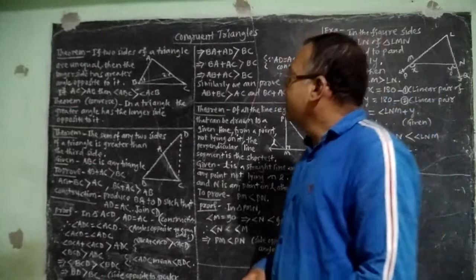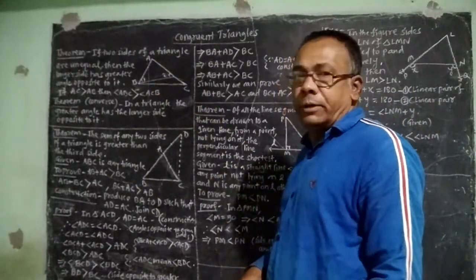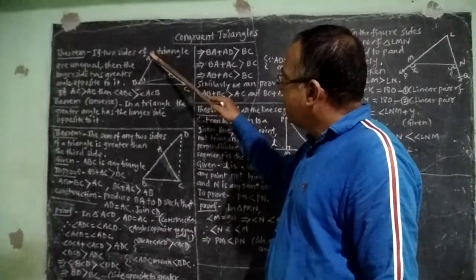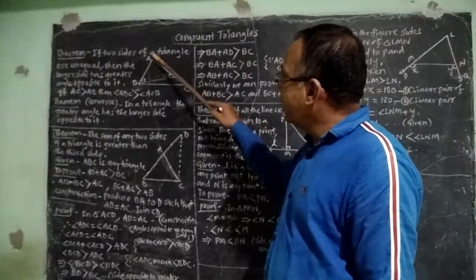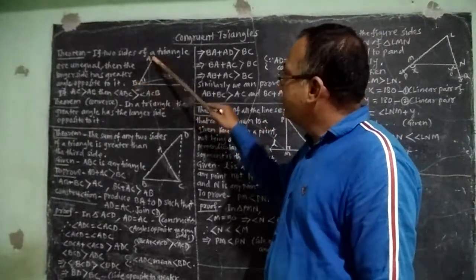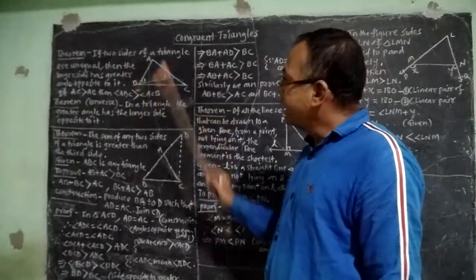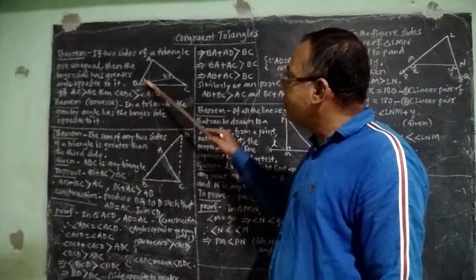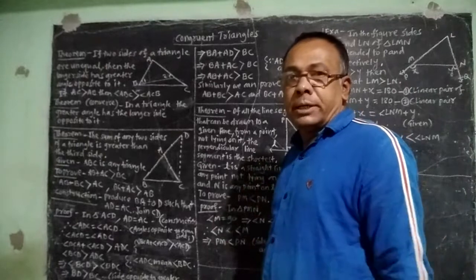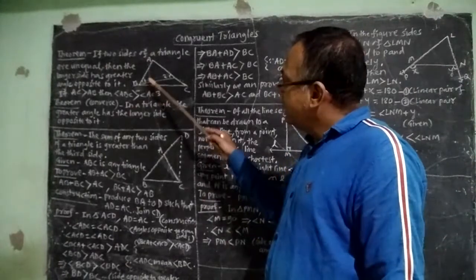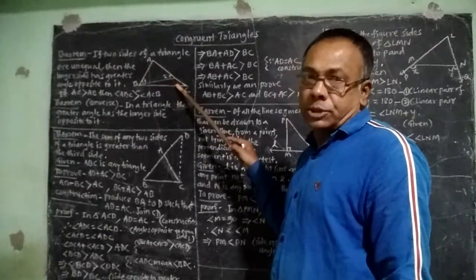Here in the triangle ABC, if AC is the greater side and AB is the smaller, means AC is the longer side and AB is the smaller side, then the angle opposite to the longer side is greater and the angle opposite to the smaller side is smaller.